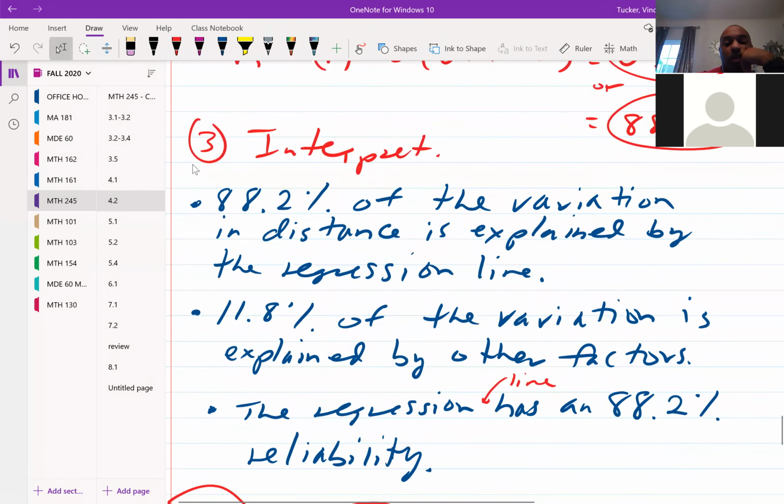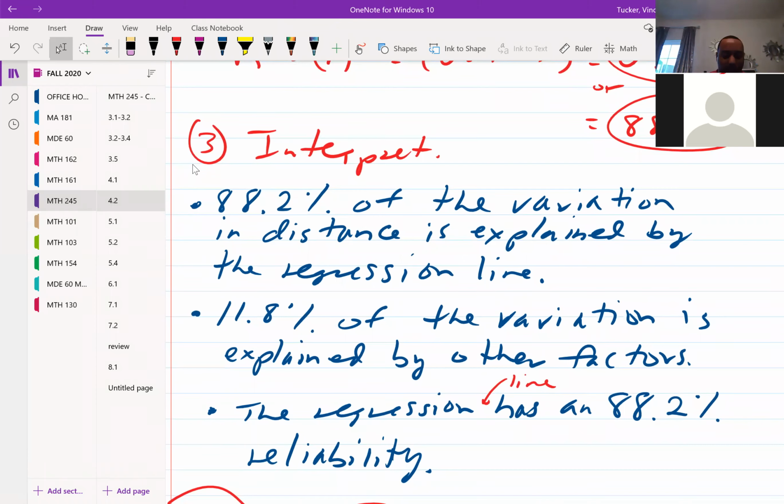So that last statement is what it boils down to: the regression line has an 88.2% reliability, which means 88.2% of the time it will be accurate.